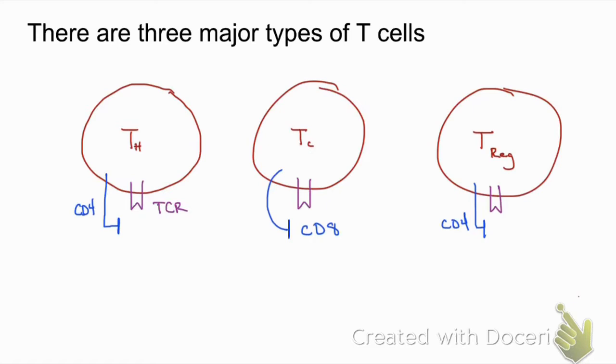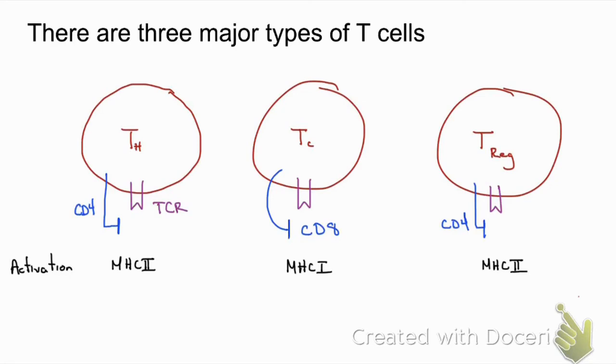CD stands for cluster of differentiation, of which there are many different types, but these are all cell markers or cell receptors that carry out functions within the cell. Particularly, T helpers and T regulatory cells have a co-receptor known as CD4, whereas cytotoxic T cells have a co-receptor known as CD8. And we'll come back to the role of these co-receptors in a little while.